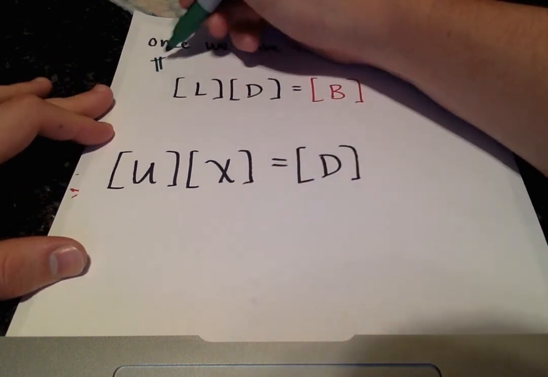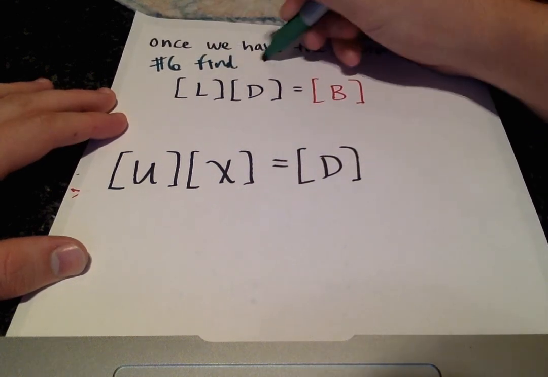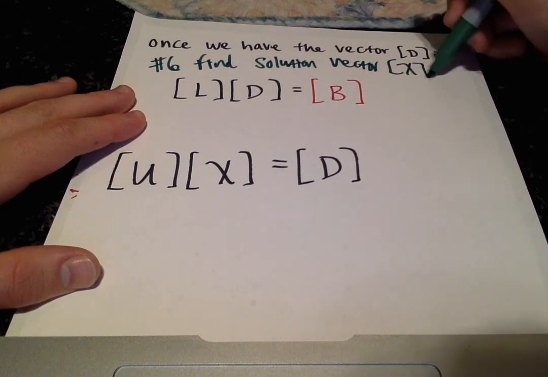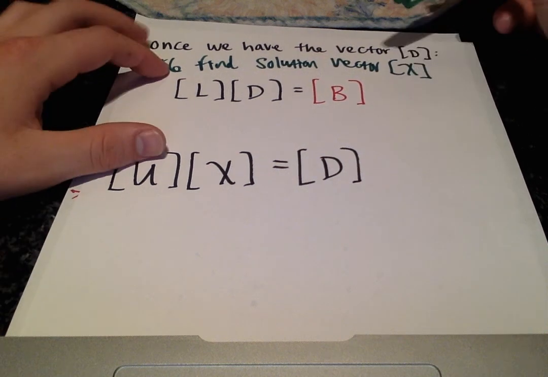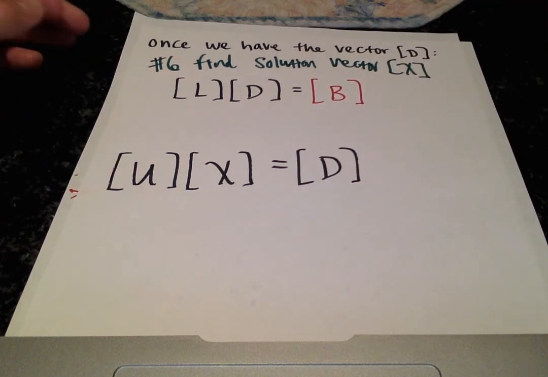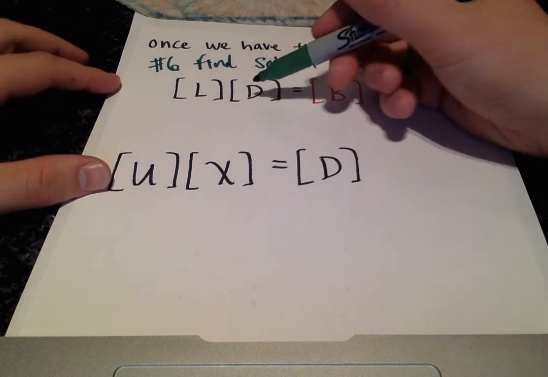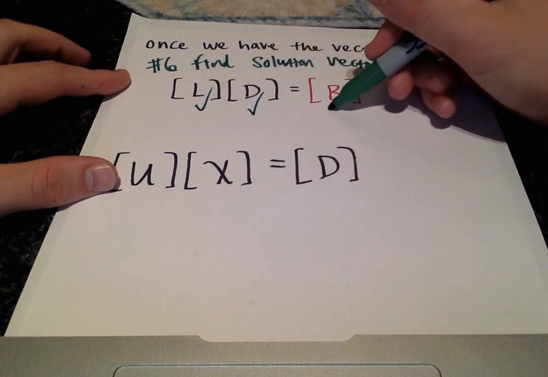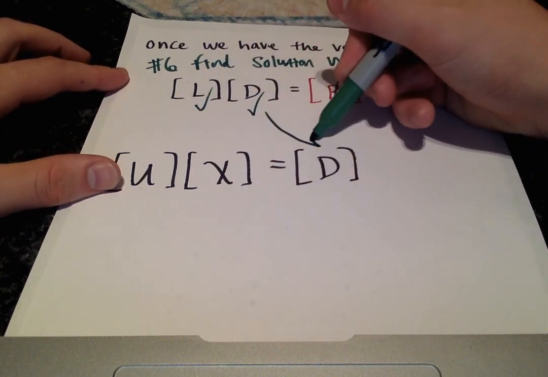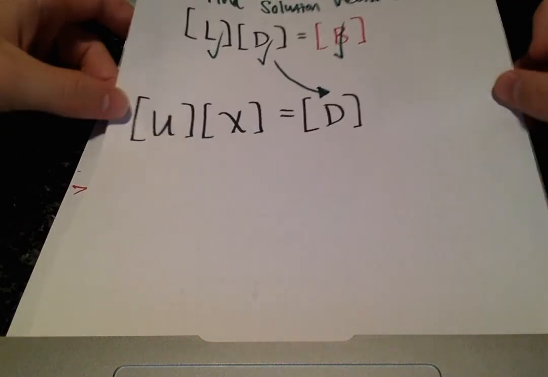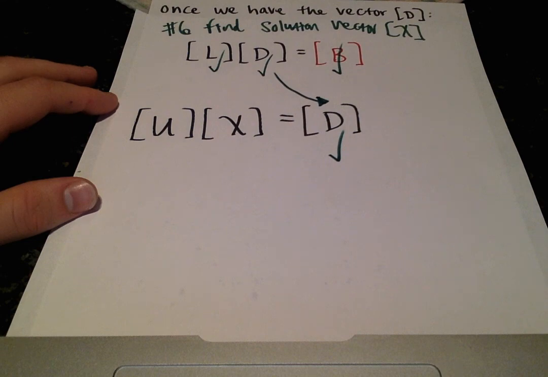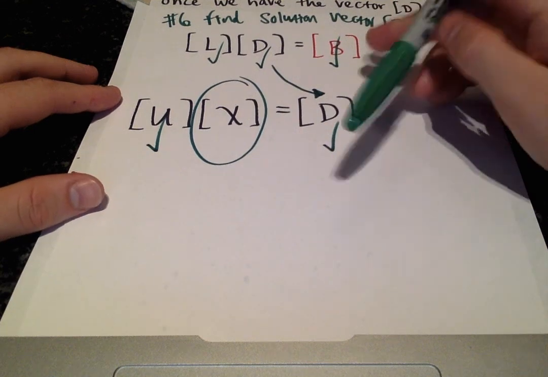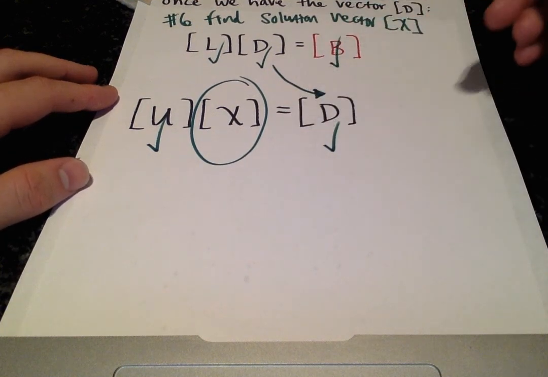Alright, so the sixth and final step is to find the solution vector x. Once we have D, we'll be able to find the solution vector x, which is what we've all been waiting for. That's our ultimate goal. Remember we have our L and we have our B. We'll plug that D vector in, and since we now have our D vector and our U matrix, we can finally solve for the x vector, which is our solution vector.